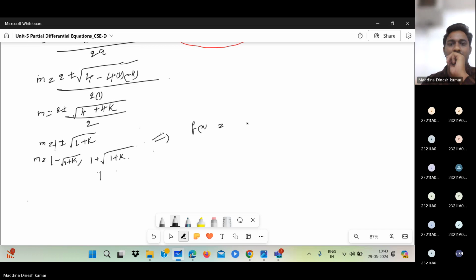So c2 e to the power of 1 minus square root of 1 plus k into x plus c3 e power of 1 plus square root of 1 plus k into x.